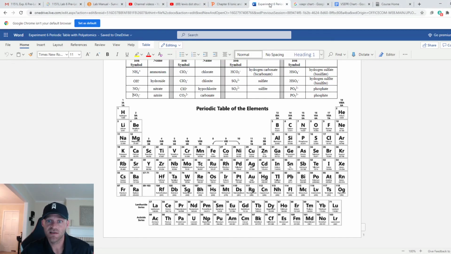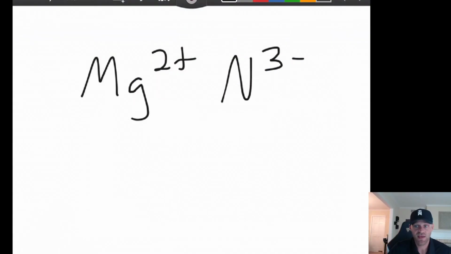Mg is in group 2, so it's going to have a 2 plus charge. It's going to want to give up 2 electrons. N is in group 5. It's 3 electrons short of having this noble gas configuration, 8 electrons. So it's going to have a 3 minus charge. So that's how I knew that. This is something you can figure out. You don't just have to know.